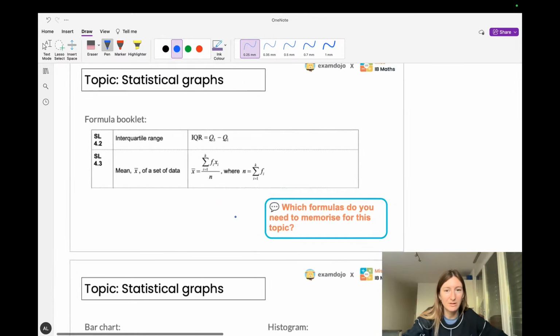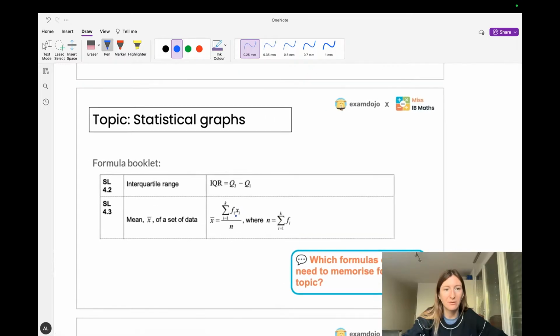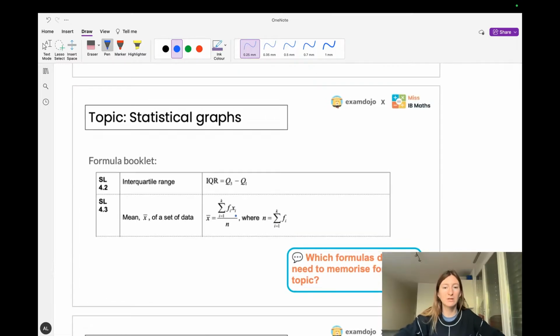And that brings me to another question, which you can answer in the chat if you know. Which formulas do you need to memorize for this topic? This is something that I would recommend you noting down. Each time you get to a topic that there's a formula you need to memorize when you're studying, have a list next to you and write in anything you come across that you think, that's not on the formula booklet, and I need to remember that.